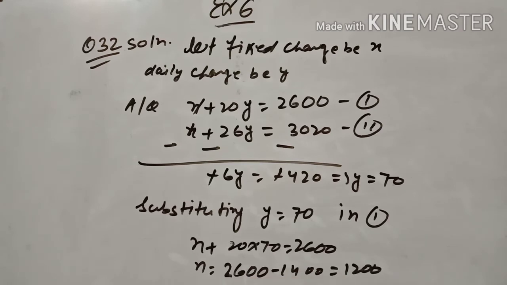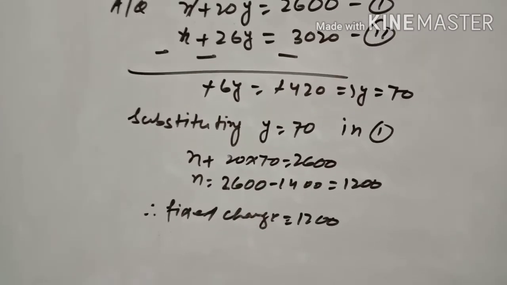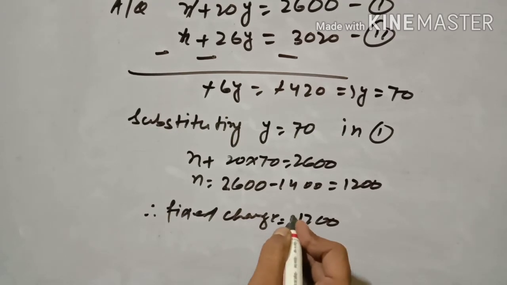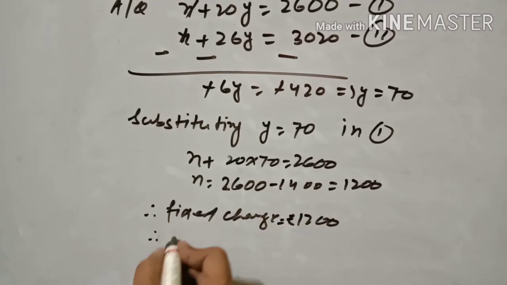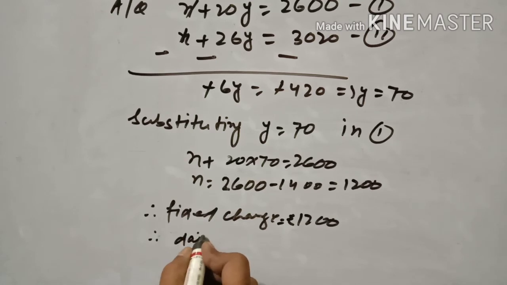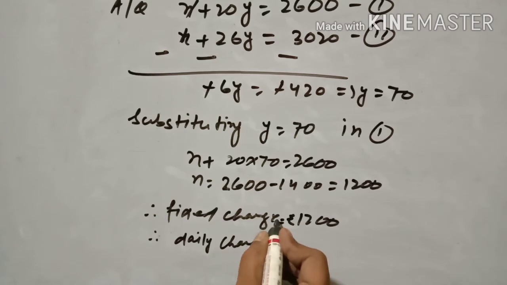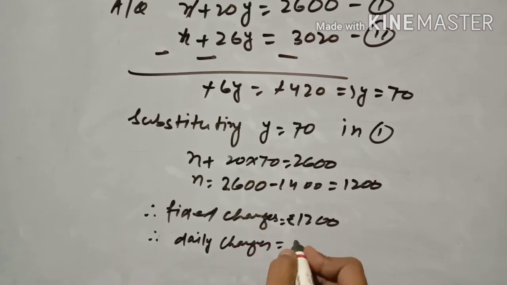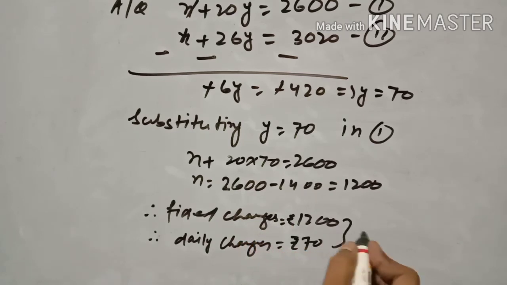Therefore fixed charge will be rupees 1200, and daily charge equal to rupees 70. So this is all about problems on simultaneous linear equations.